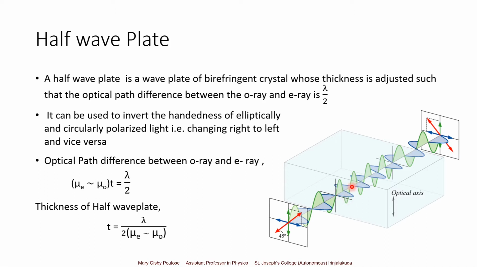Its phase is changing within the crystal, right? Here, the blue ray was oriented in this direction, whereas here, its orientation is changed. Its phase is shifted here. And hence, on the emergent side of the crystal, we get a left-handed linearly polarized light.